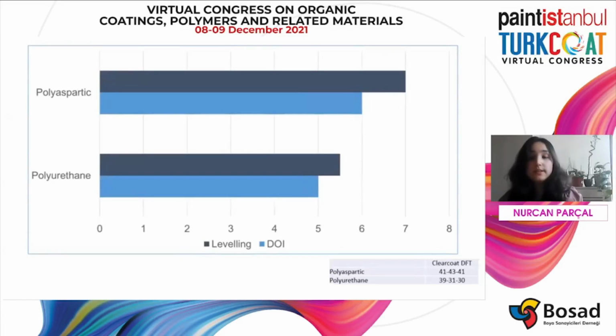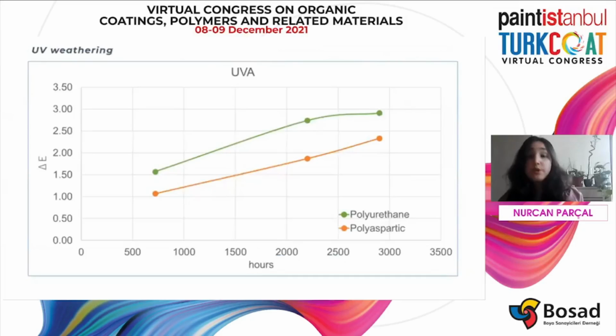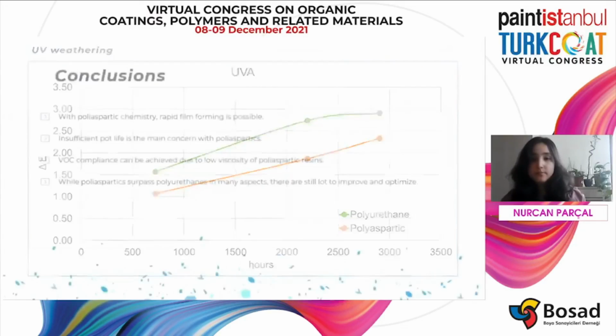It can eliminate surface defects better due to its low molecular weight and flow properties. We also performed UV weathering. Delta E values are roughly similar for both coatings, which shows that their rate of color change is similar.